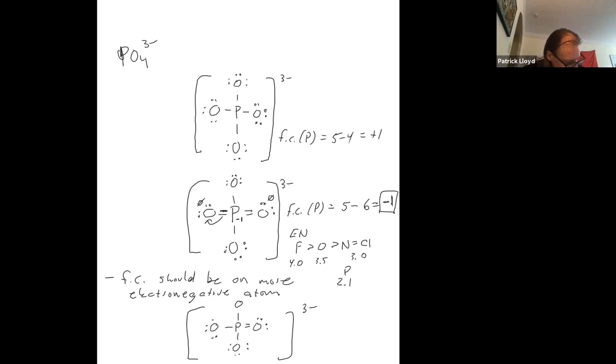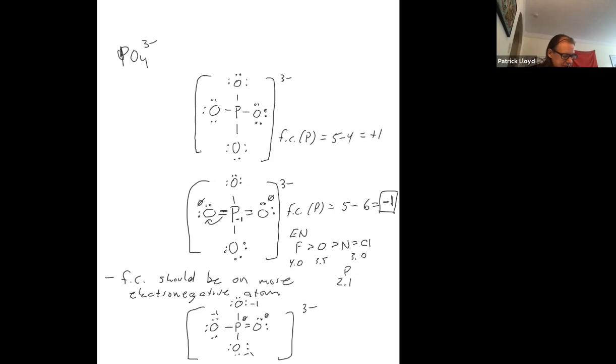So now 3 of the oxygens have a -1. This one's a 0, and this one's a 0. And note, when you draw these Lewis structures, if you add up all of the formal charges, they will equal the charge of the ion. So if you have a charge of -3, adding all these formal charges should add up to -3.